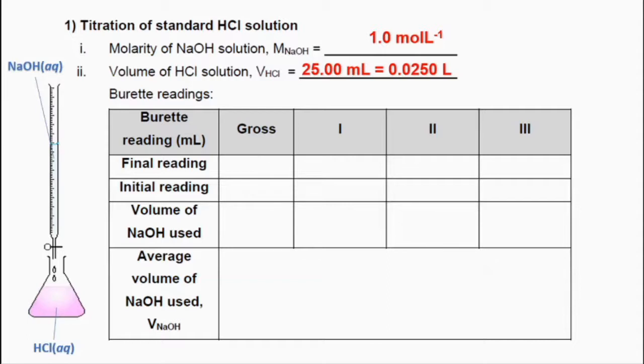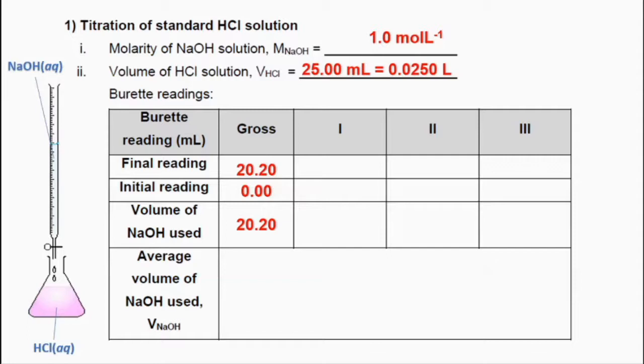Let's say the initial reading is 0.00 and the final is 20.20. Final minus initial gives the volume of sodium hydroxide used for the gross reading, 20.20. So that was the gross reading.